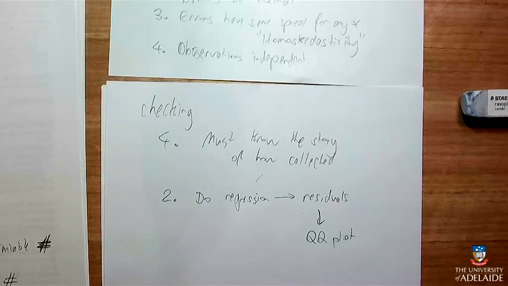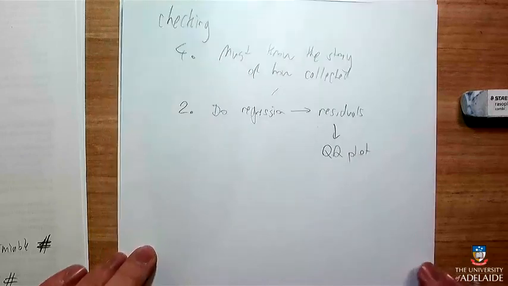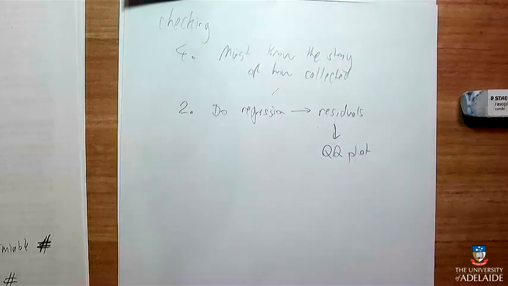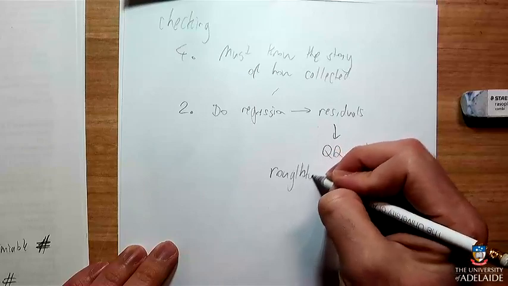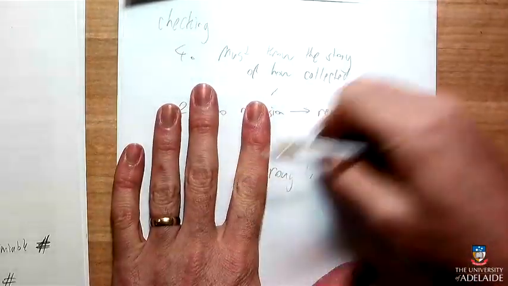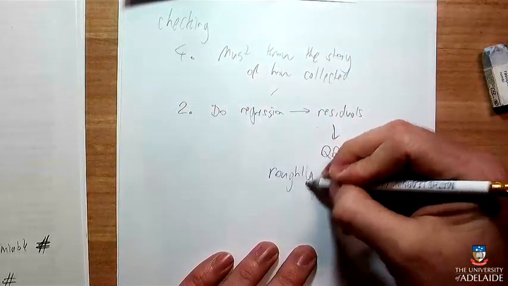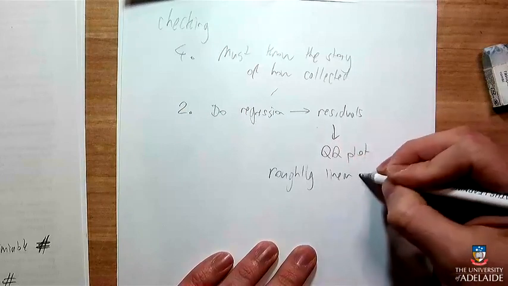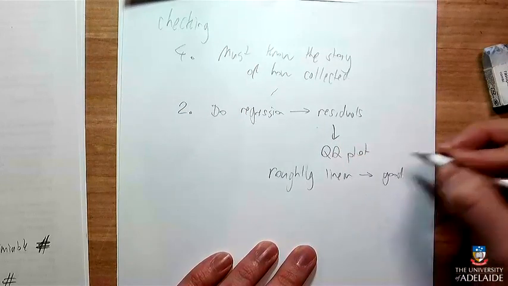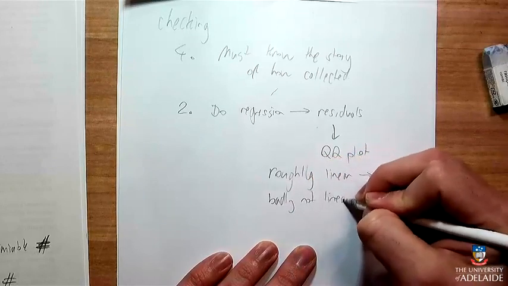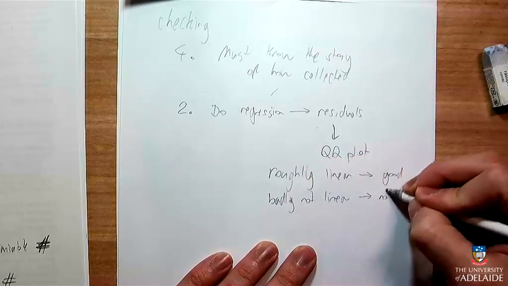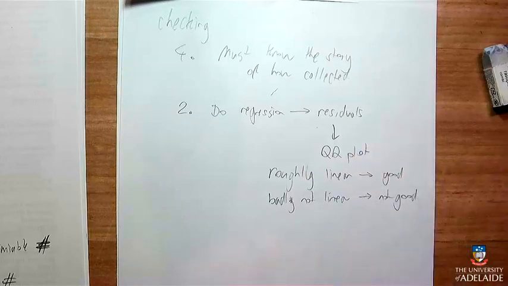But this course, QQ plot. And if your QQ plot is roughly on a straight line, you're good. Roughly linear is good, badly not linear is not good.